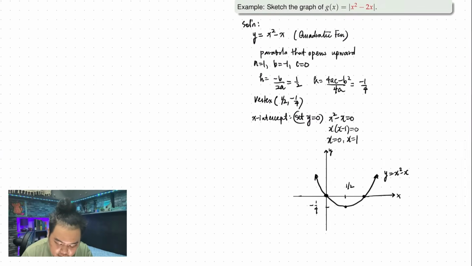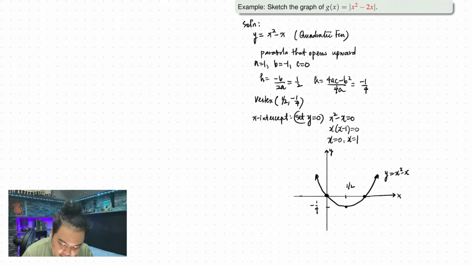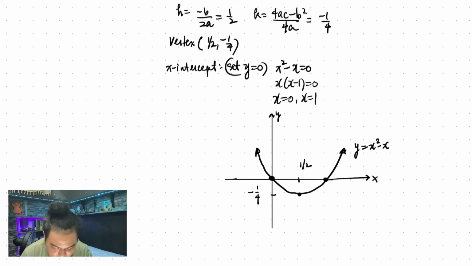Hindi pa tayo tapos. Ito pa lang yung nag-graph natin. And to graph the absolute value, itong portion na to, i-reflect natin pataas. So, saan tatama yun? So, sa 1/4, no? Mag-rewrite lang ako. So, yung graph mo tatama pa ganyan.